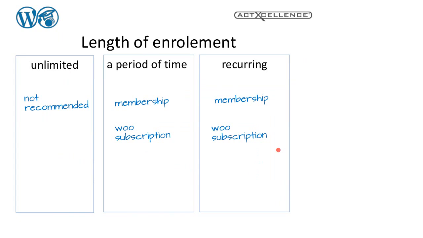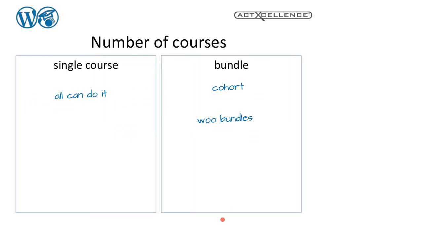If you want to have recurring payment, this is also possible with membership, Woo subscription, and in some kind also with the PayPal plugin. Because it just ends after a period, and then if the user wants to come again, he needs to pay again. The number of courses: yes, all solutions can sell single courses.